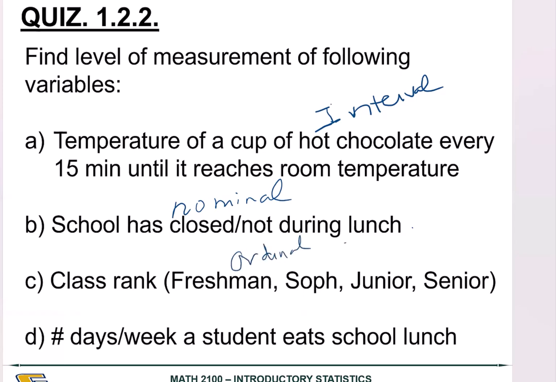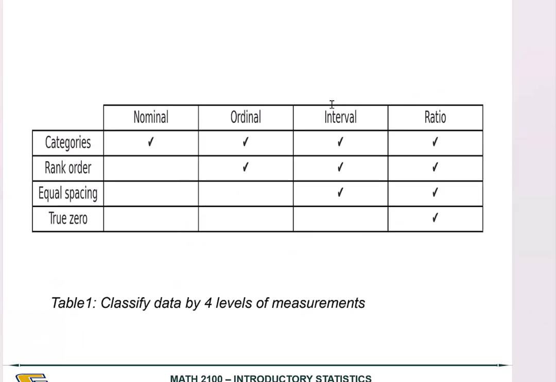Number of days per week a student eats school lunch. You can see the categories: 0 days, 1 day, 2 days, so you can label that. You can rank it: a person who eats 3 days a week eats more school lunch than a person who eats 1 day a week.